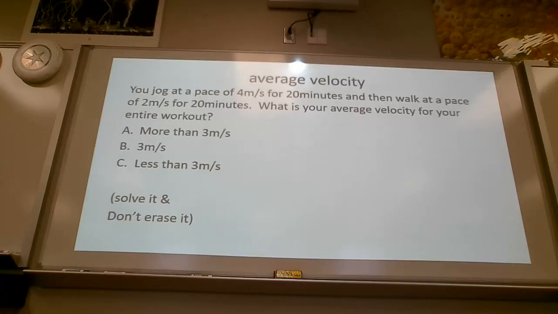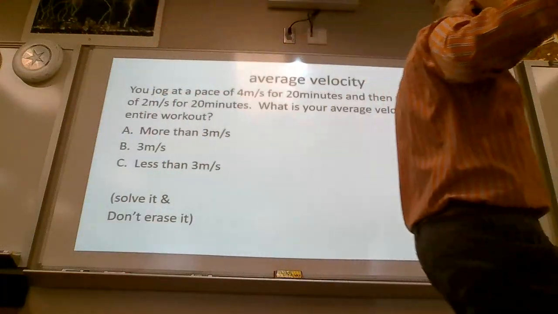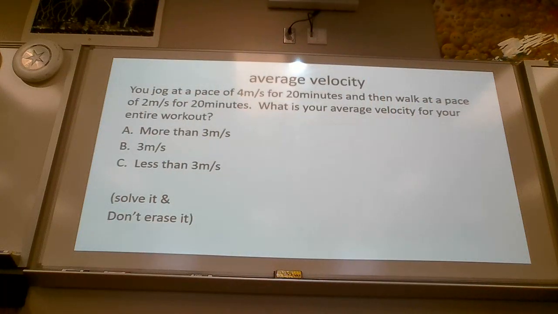Go for a jog at a pace of 4 meters a second for 20 minutes, and then walk at a pace of 2 meters a second for 20 minutes. What is your average velocity for the entire workout? All right. So, in a similar fashion, last time we had a bear and a tourist. We had two different objects moving.